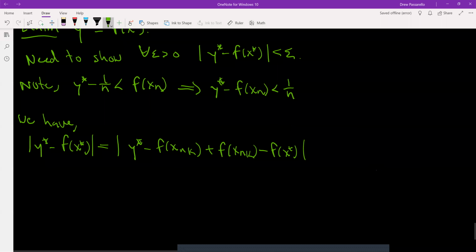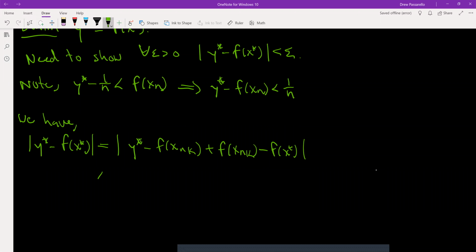That's going to be less than or equal to, by the triangle inequality, this.